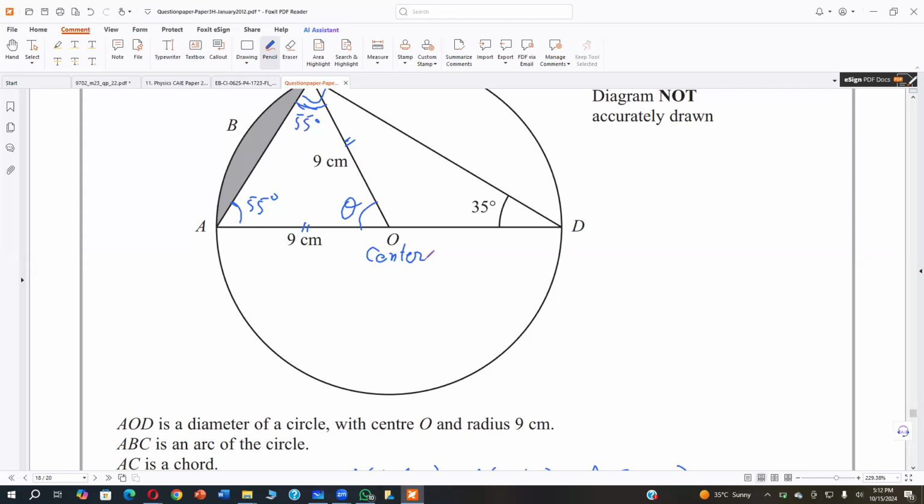I got 70 for theta. How? Two angles are 55, right? If it is 35 and 90, this angle comes to 55. What angle at A are you getting? 55. If it is 55, the other base angle is also 55.